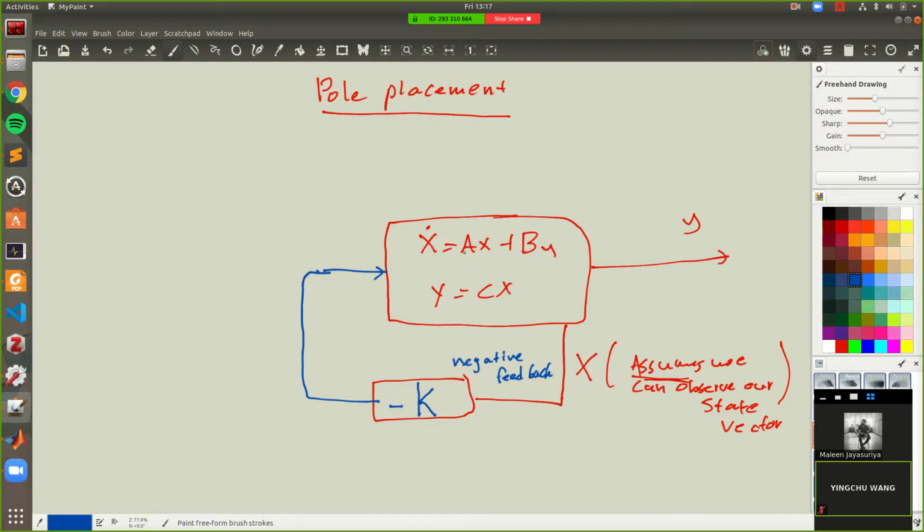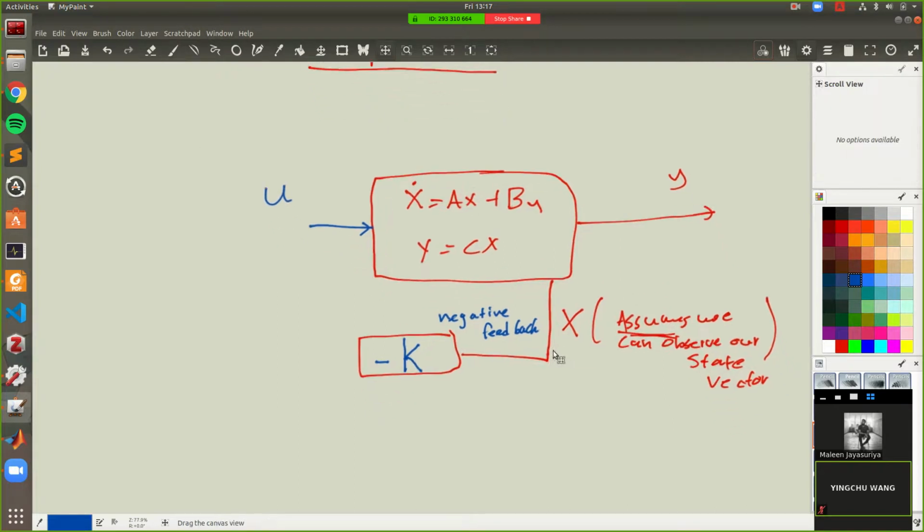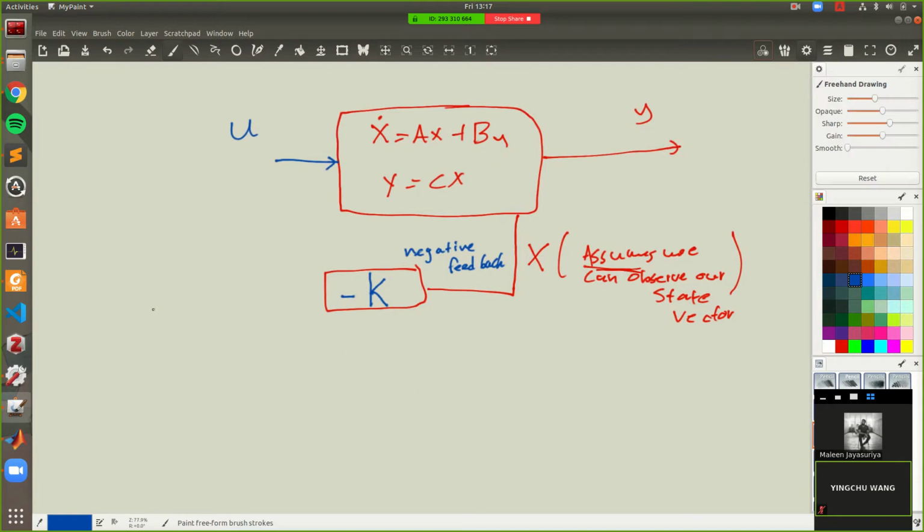So what happens then, if you look at the equations? Before we have the input connected, you have u, so you have x dot equals ax plus bu. What we are doing in pole placement is, you're basically saying that u is equal to minus kx.